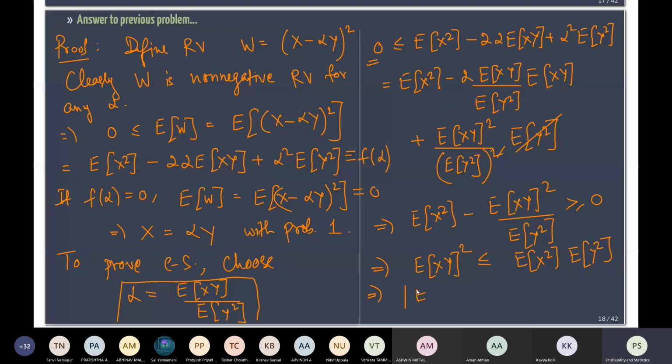So the mod of expectation of xy is less than or equal to the square root of expectation of x square times expectation of y square. This is the same thing. So this is what we were supposed to prove.